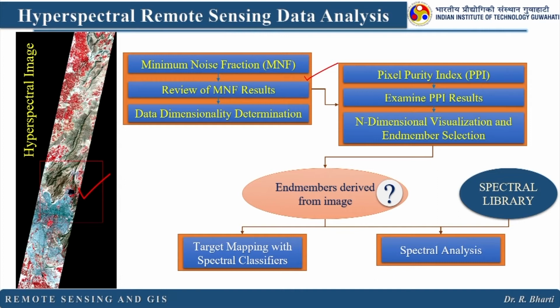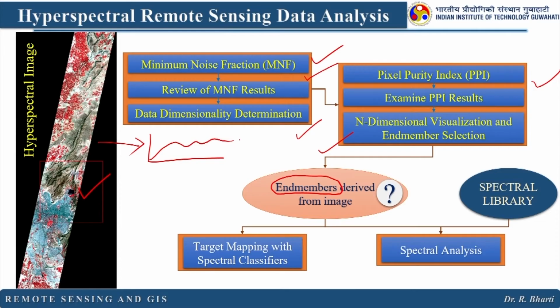I will try to explain one more time so that you do not have any confusion. Basically, by performing this and this, ultimately we have got the end member, and let us assume this is the end member from this particular image by following this procedure.